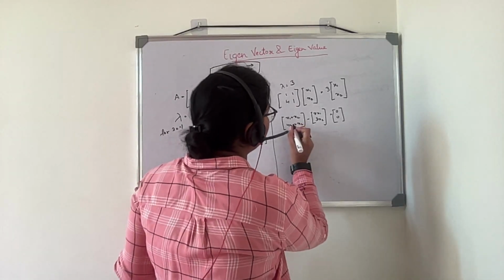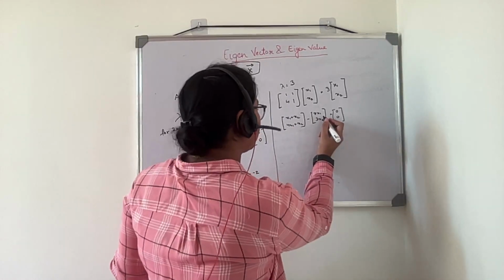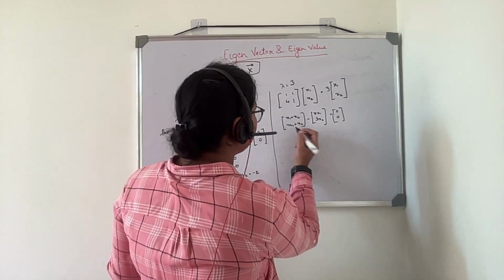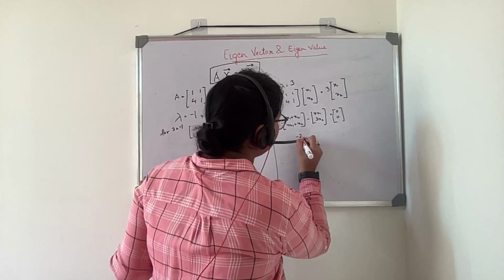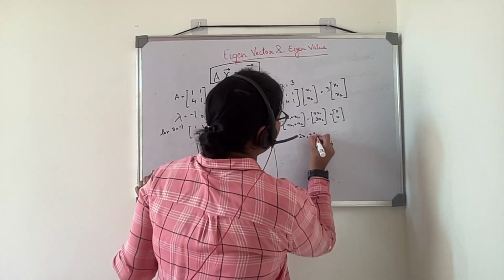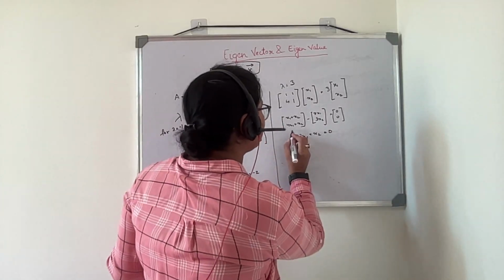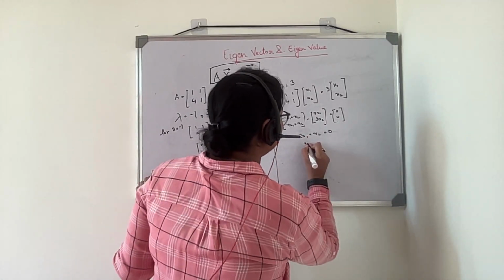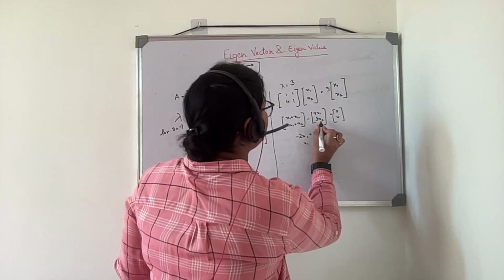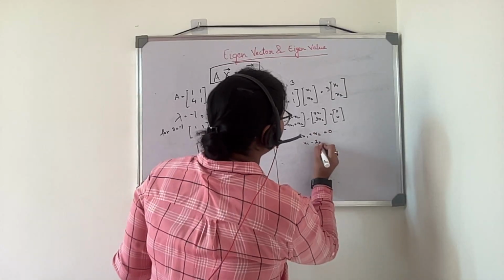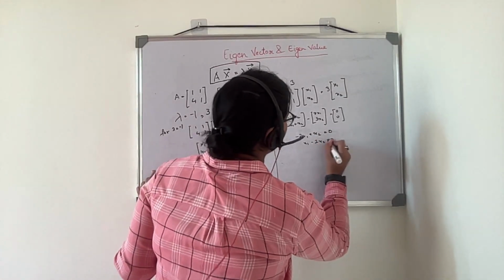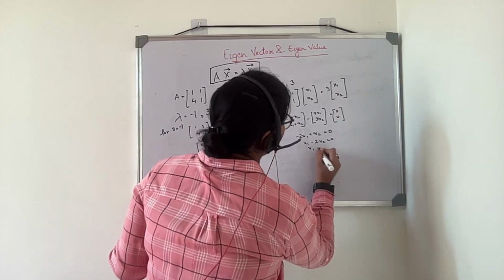So the first equation is x1 plus x2 minus 3x1, which becomes minus 2x1 plus x2 equal to 0. And the second equation will be 4x1 plus x2 minus 3x2, which gives 4x1 minus 2x2 equal to 0. Therefore x1 equals 2x2.